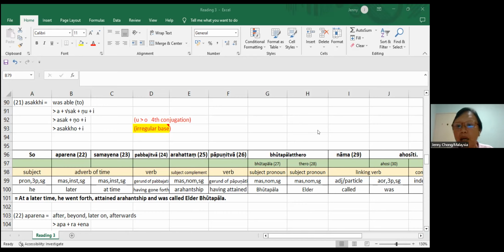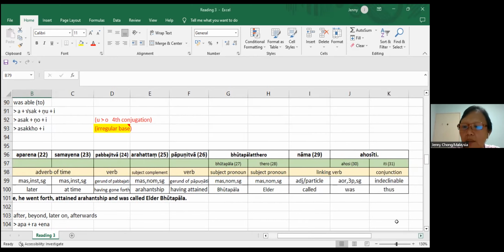Buddha Pala Thera, this is the subject pronoun, meaning Elder Buddha Pala. The English grammar is masculine nominative singular. Same also for Thera, masculine nominative singular. Nama ahositi, I put here as the linking verb, as the English grammar, meaning was called.